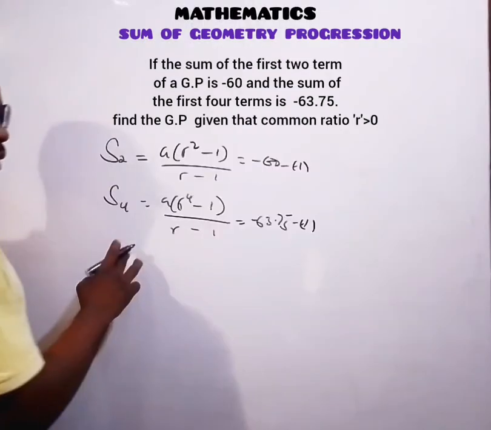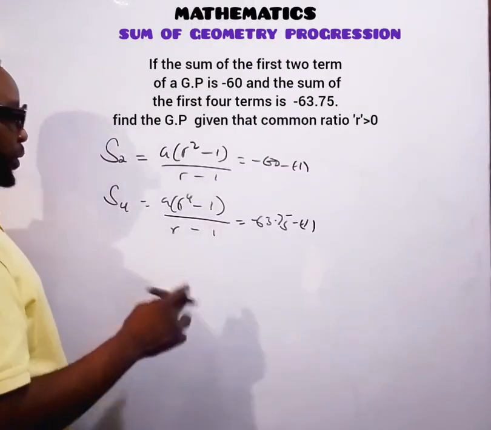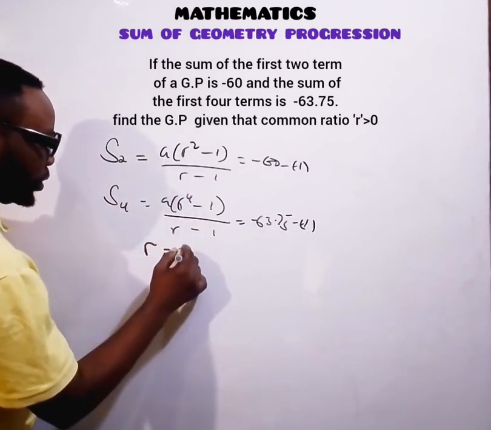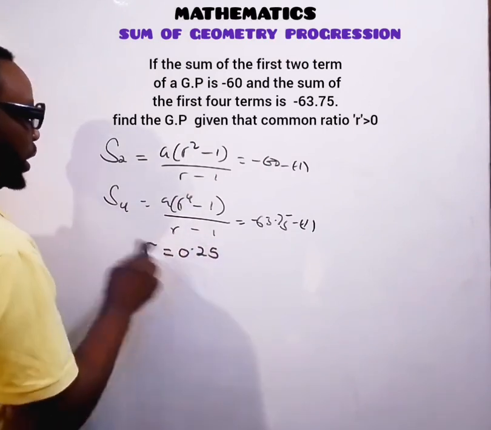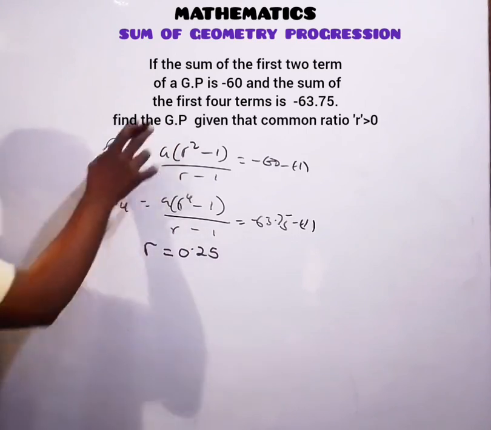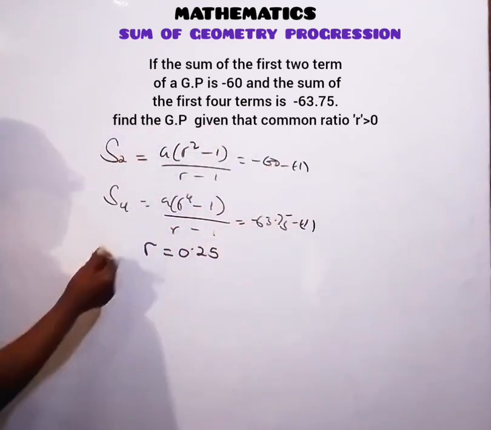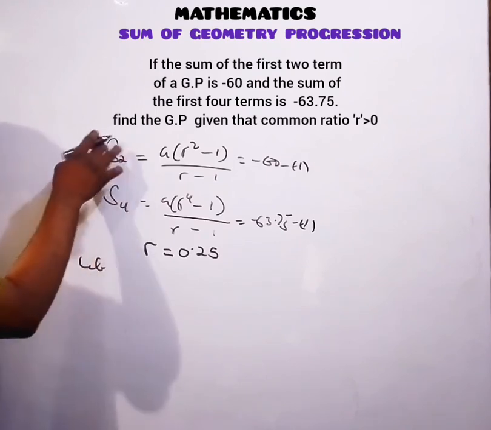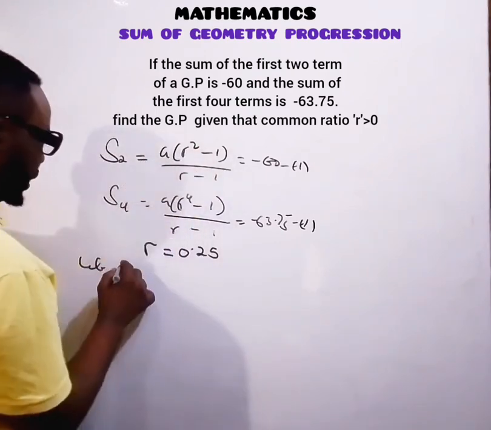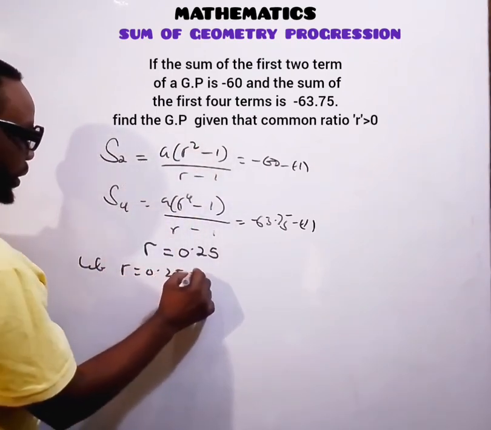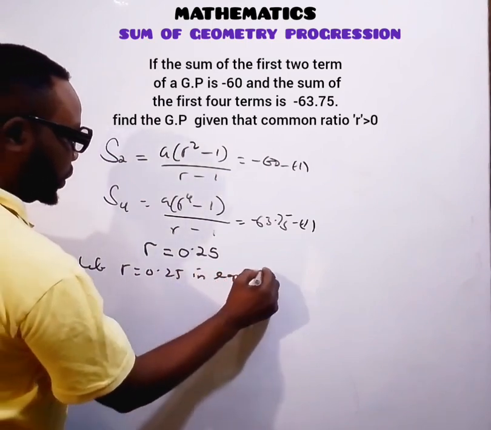Having gotten the value of our common ratio to be 0.25, we can insert it into either equation 1 or 2. So I'm going to make use of equation 1. Let r equal 0.25 in equation 1.